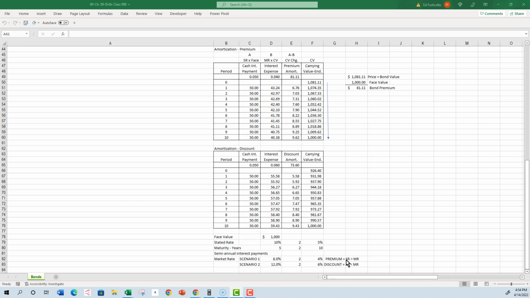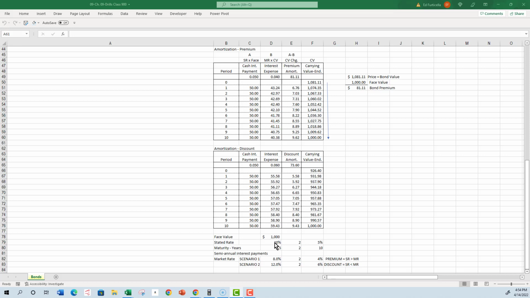Because our stated rate is greater than the market rate, we'll get more for our bond. In this case, we're receiving $1,081.11.